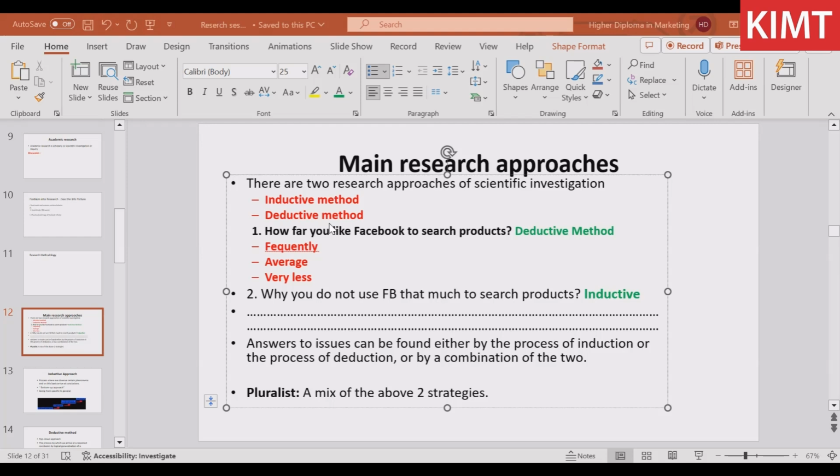But when you prepare the questionnaire, you simply refer to previous authors' books and literature sources to develop the questions. So you depend on others' work: deductive.